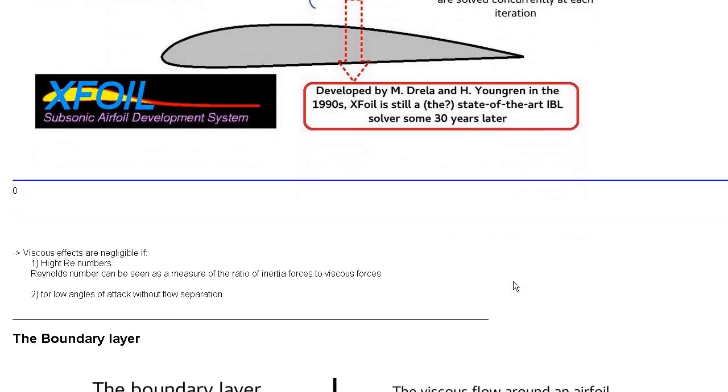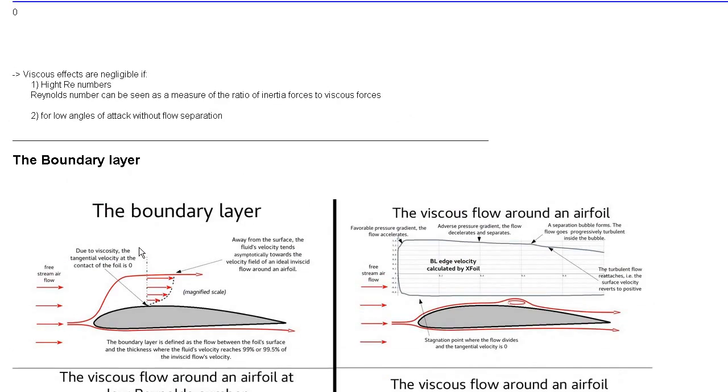Okay, so the boundary layer. A viscous solution means that you have to study the behavior at the boundary layer. Wet water or wet air means that the molecules of the air are actually sticking to the surface of the airfoil, and the speed drops to 0 at the surface. If we initially have the airflow with the same equivalent speed, then when it starts to face the airfoil, the speed at the bottom starts to decrease and drops to 0.